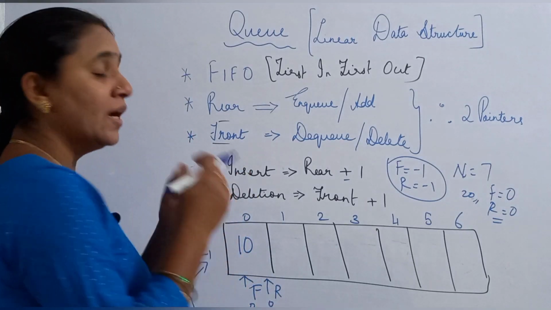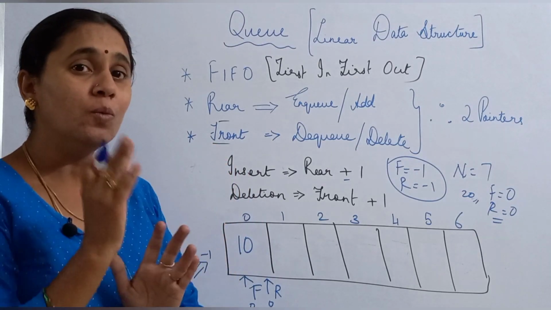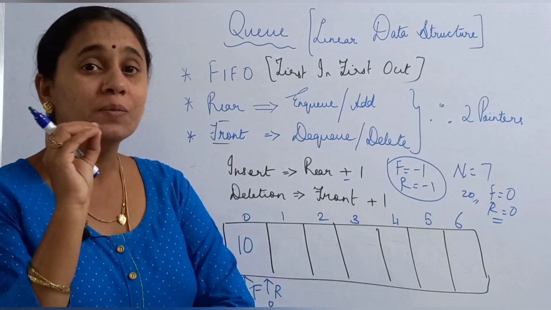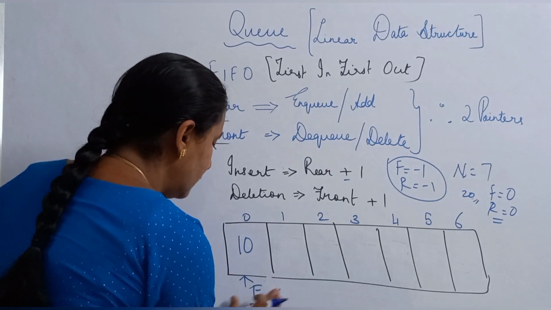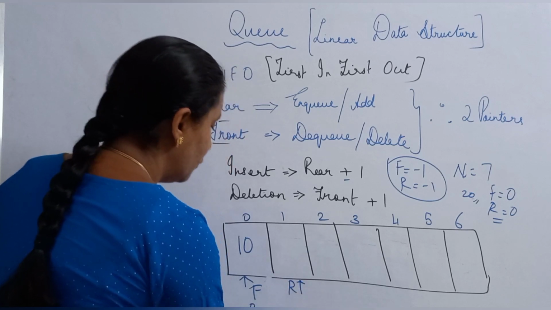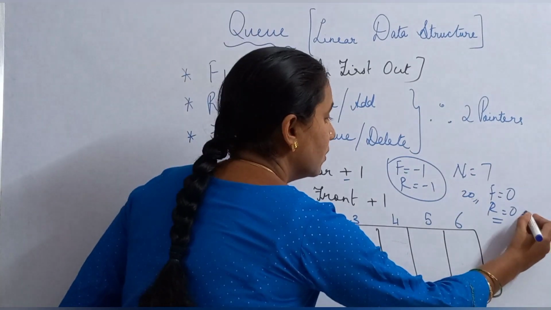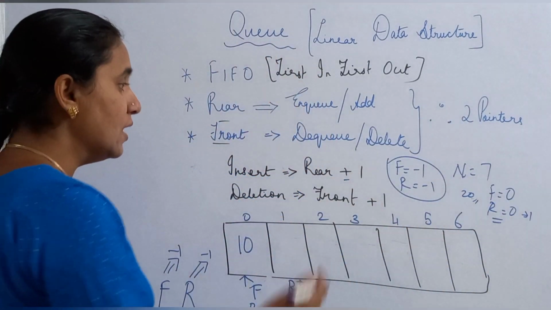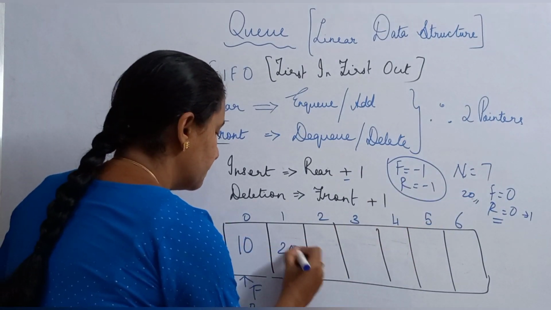So now if you see, I must increment the rear pointer, because the rear must point to the last element, isn't it? So now increment the rear pointer. Okay, so now if you increment, the rear value has to be 1. The rear value is now 1. Since this is the last element 20, you can insert it.